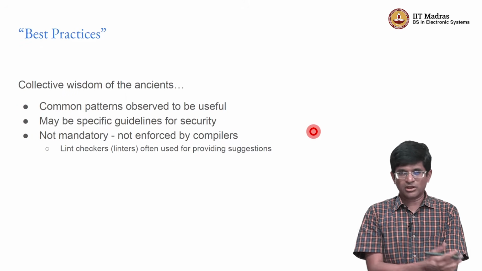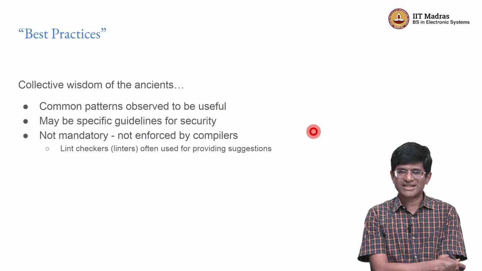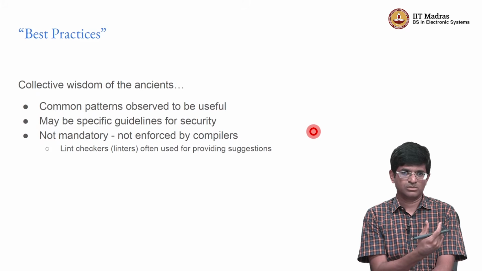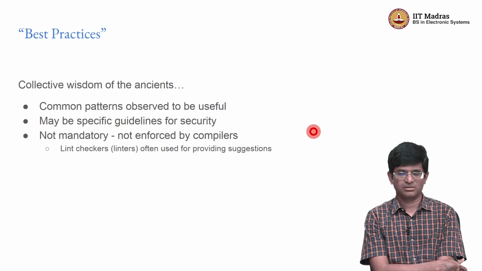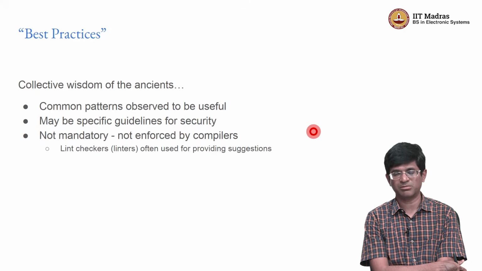Now what we talked about so far are what are usually called strategies for improving the efficiency of the code that you write. There are also certain things which are usually called best practices, right? These are common patterns that have been observed to be useful over time by people who have written code for a long time.